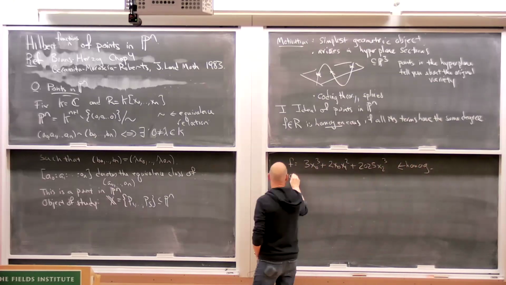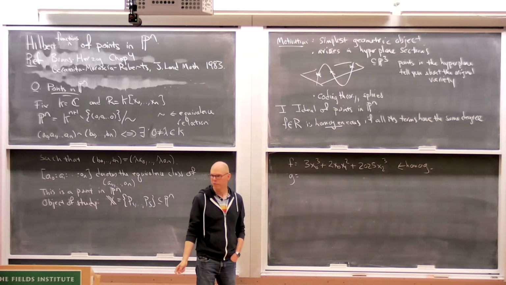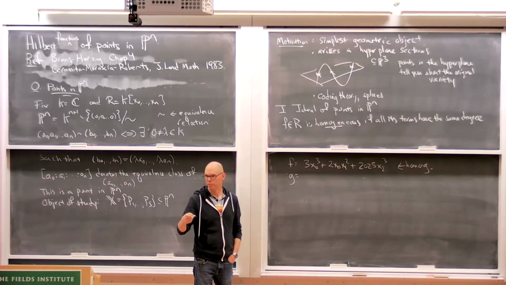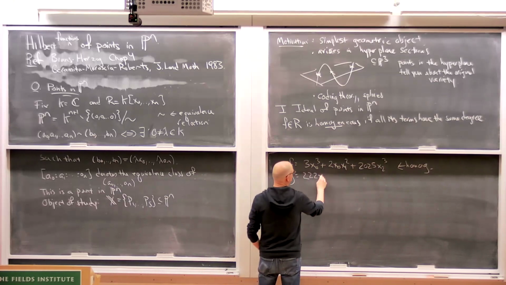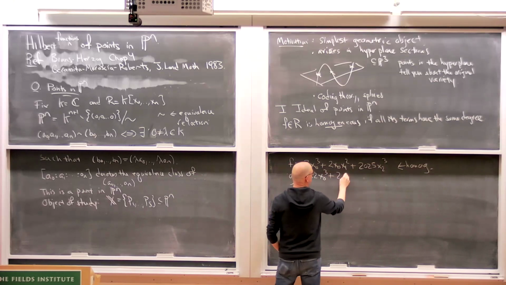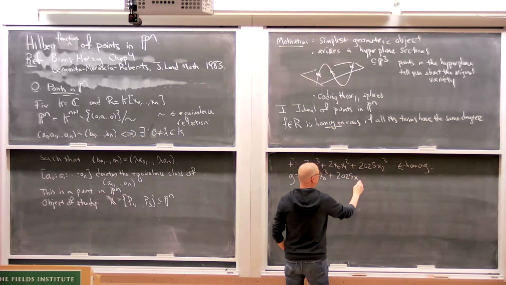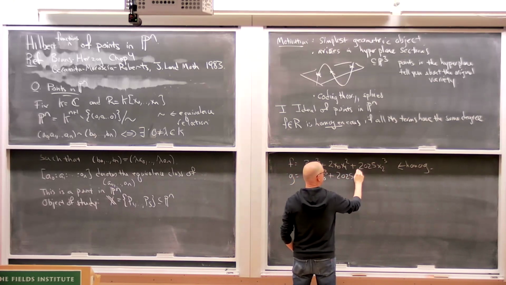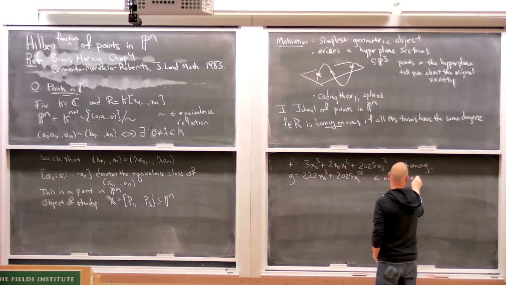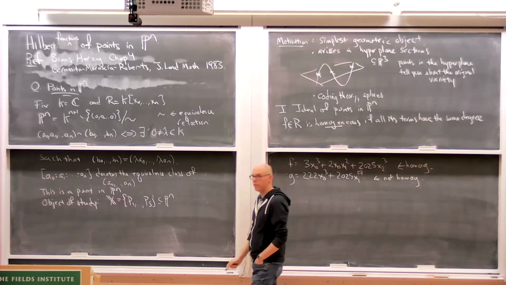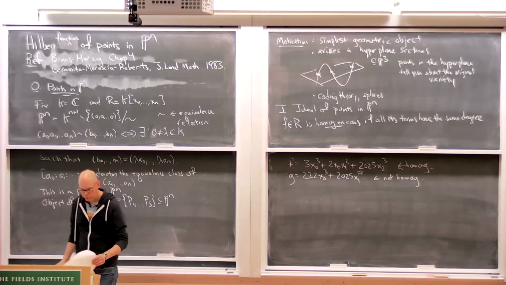And let's make something that's not homogeneous: x0 cubed plus 2025 x1 to the 17. So this is not homogeneous. Okay, so we have a homogeneous thing and a non-homogeneous thing.